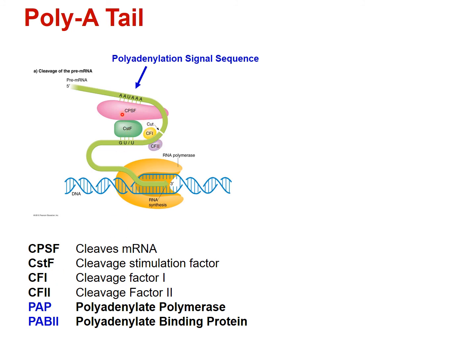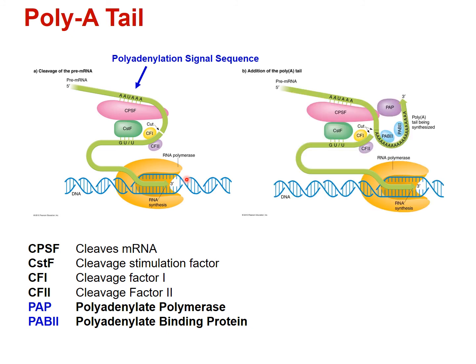All these proteins come together to determine that this is a place where the messenger RNA should be cut. This is the end of the messenger RNA, and the RNA polymerase continues to transcribe until transcription is terminated.